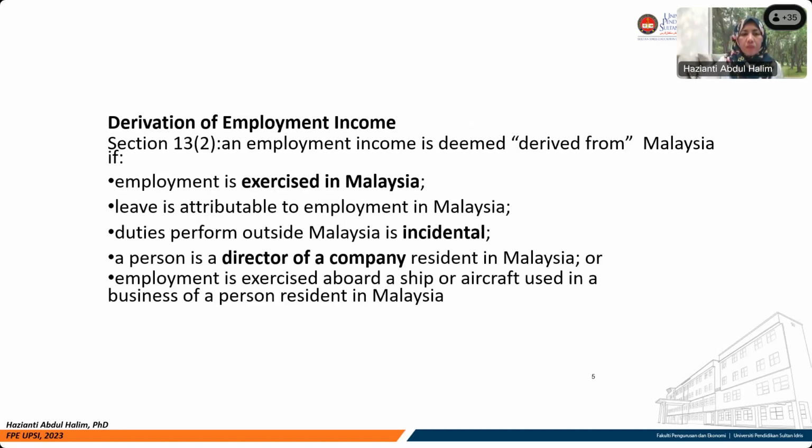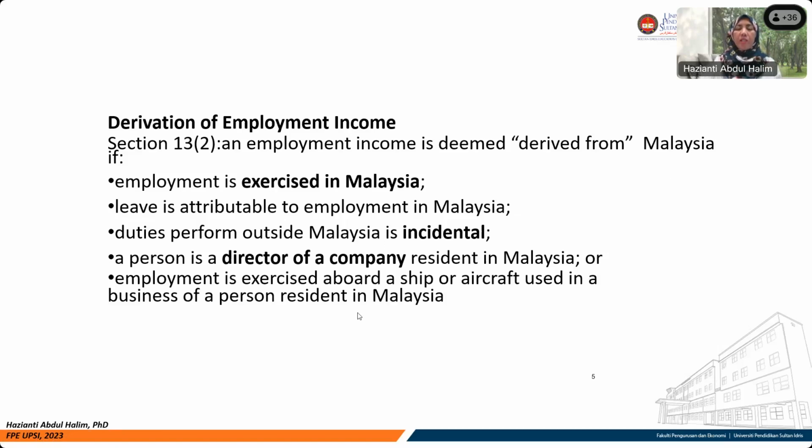All right, so section 13(2), employment income is deemed derived from Malaysia. Earlier we have seen the table, and the table is actually to simplify and to make sure that you understand better. So when we talk about duties performed outside Malaysia being incidental, like the one seconded to overseas, as well as a person who is a director of a company resident in Malaysia, or employment exercised aboard a ship or aircraft used in a business of a person resident in Malaysia.